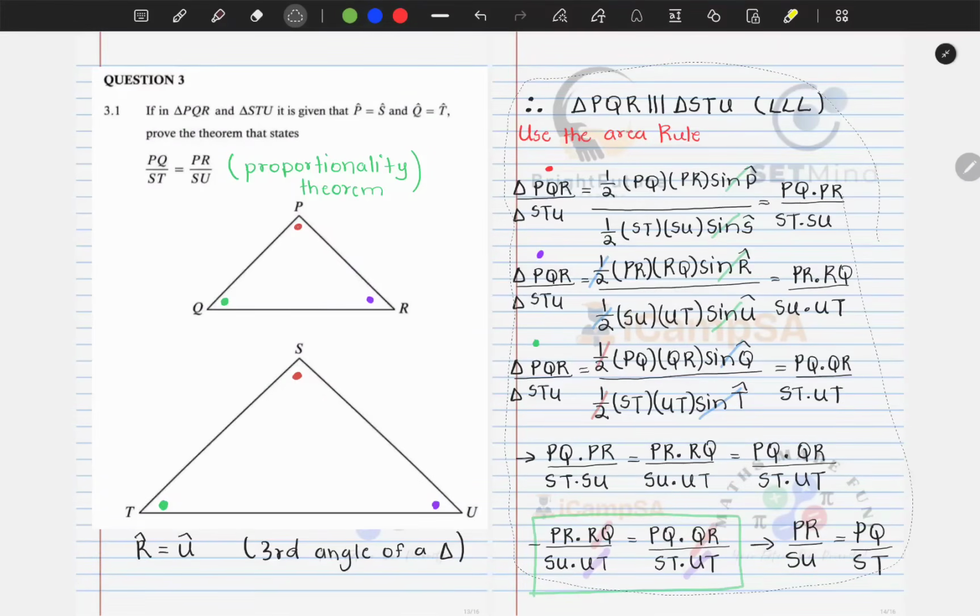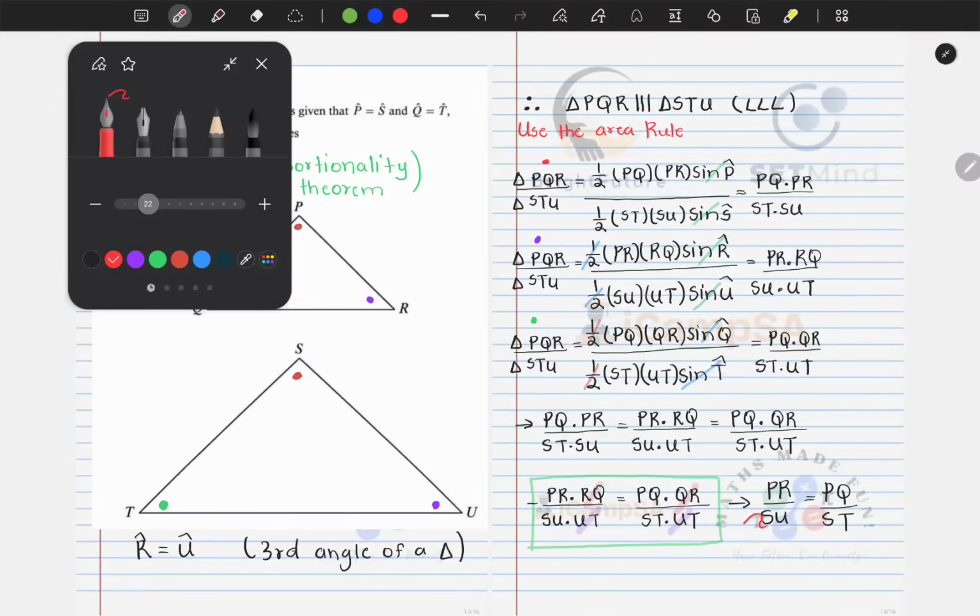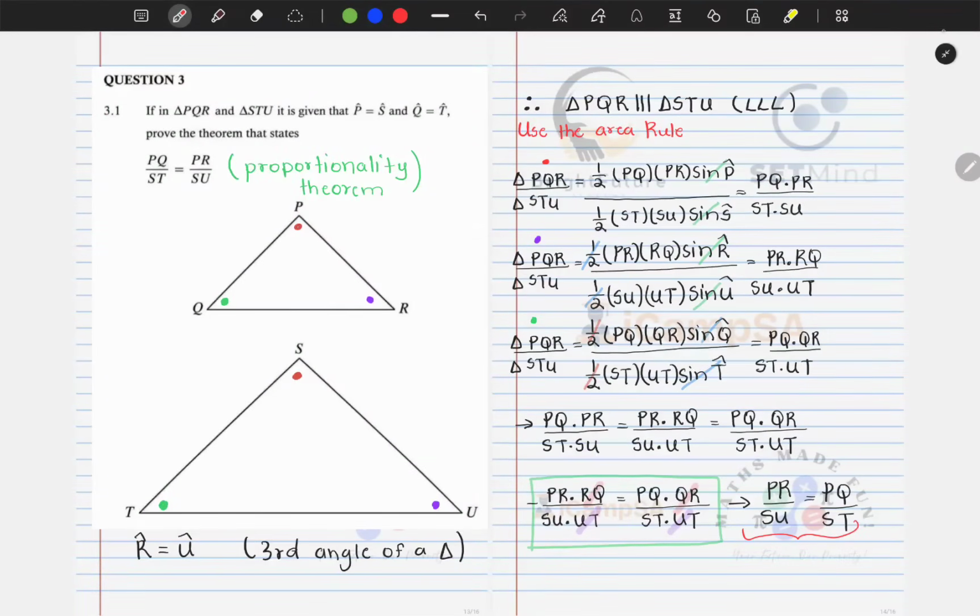And that should make you very happy. So this here becomes our answer. Okay, I hope that you do understand. With this out of the way, let's go and have a look at the next question.